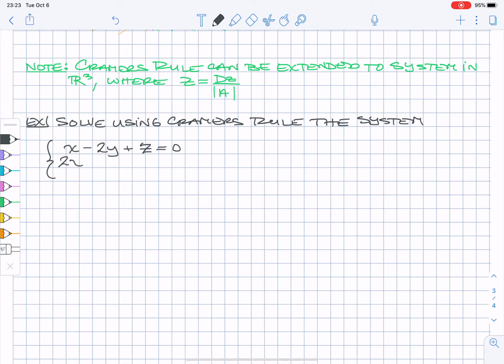Let's do 2x minus y plus z is equal to 3. And let's do x plus y minus 2z is equal to negative 3.